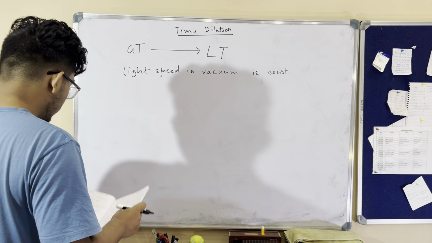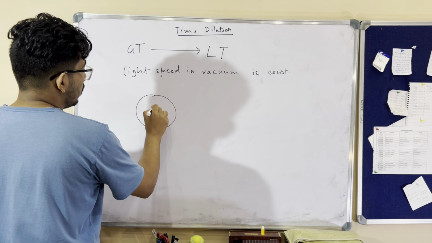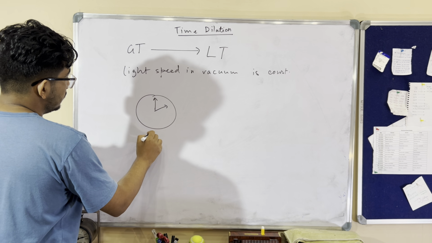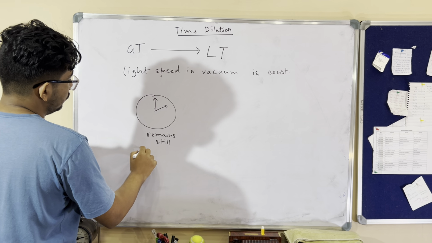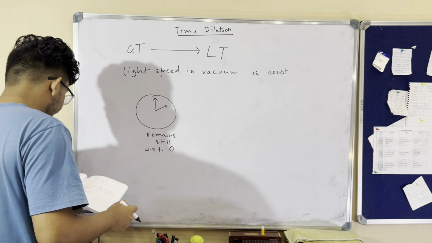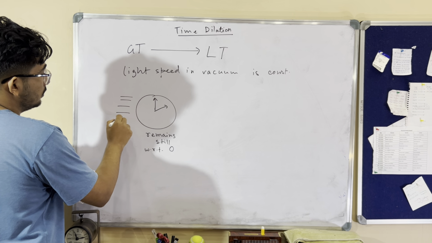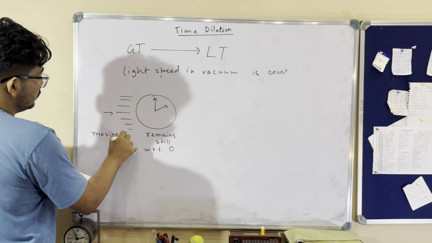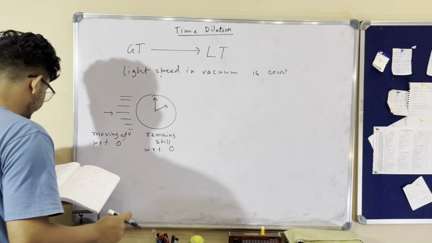Okay, so I am going to consider one clock observed by two different observers. So this is a clock, and this remains still with respect to some observer O, and the same clock is moving at a velocity v vector with respect to some other observer O prime.